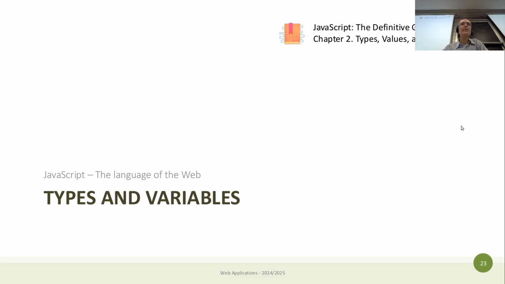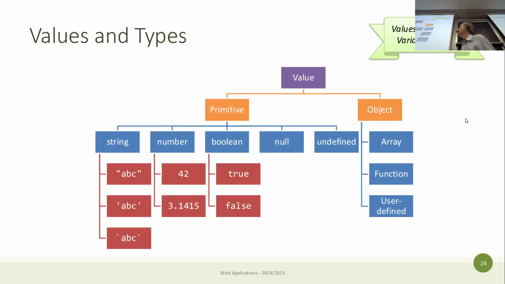And let's see the first concepts. It seems trivial, right? Every course talking about the languages starts saying, well, okay, these are the values that you can use and so on. Well, first of all, that's what you need to remember. In JavaScript, values have types, while variables have no types.